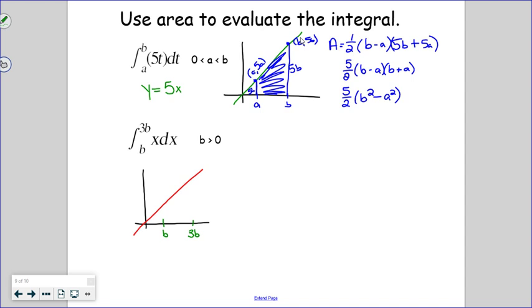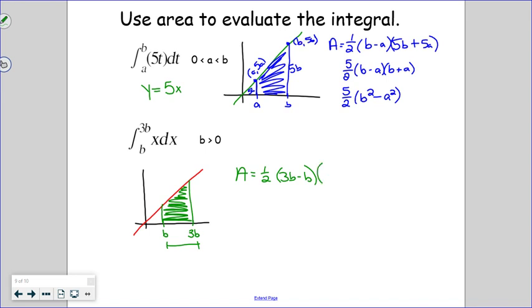So again, as I connect that to my function, we see, just like we saw in the last one, a trapezoid happening. So I can attack it just like I did the last trapezoid, 1/2 times the height. Well, the height is going to be the difference between my two bases, right? 3b minus b.